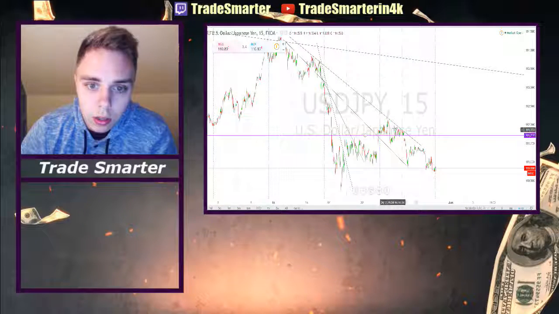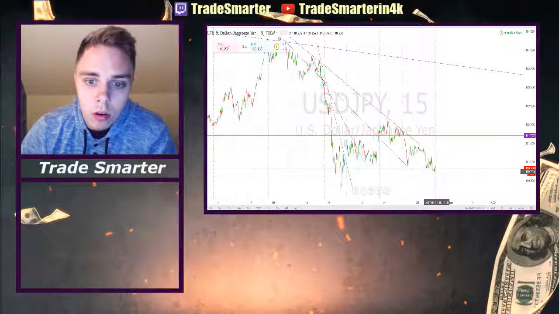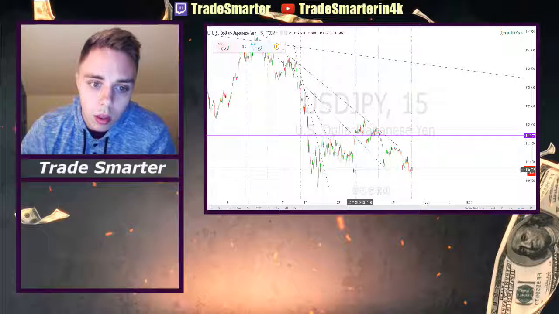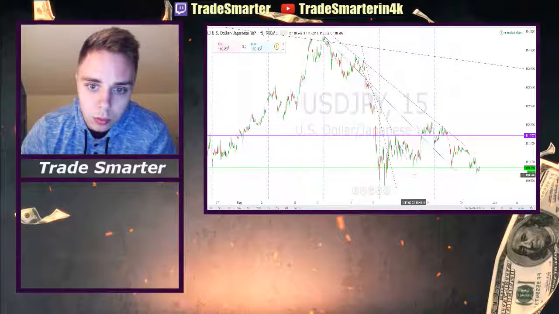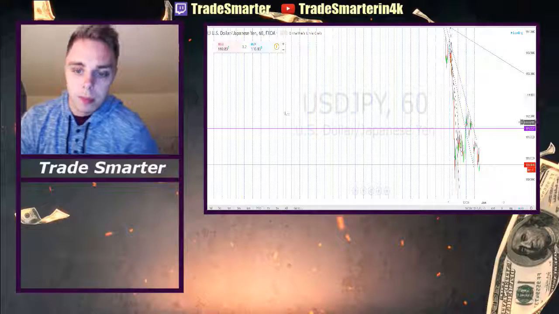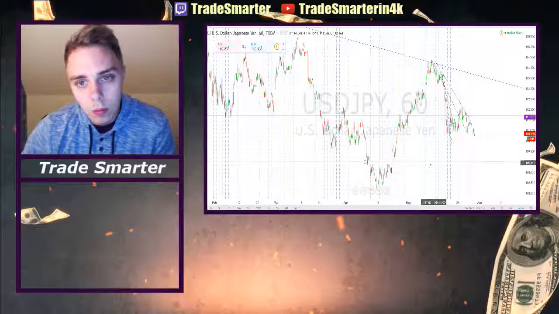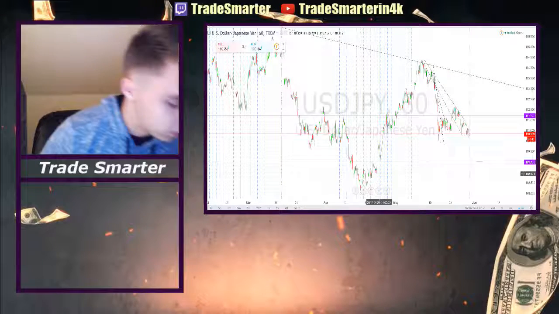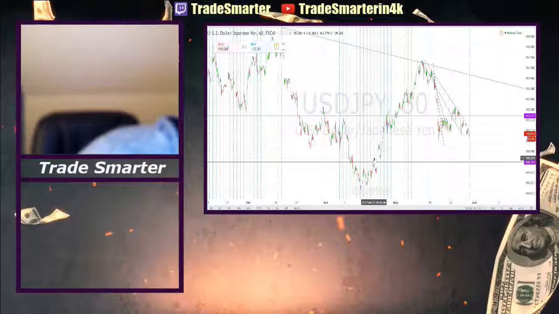Overall, though, it's still in the trend line zone, and I'm not sure what this one's doing right now. Let's zoom out to see if we can get a better picture. Whoa. Okay. Let me just look at this really quick.